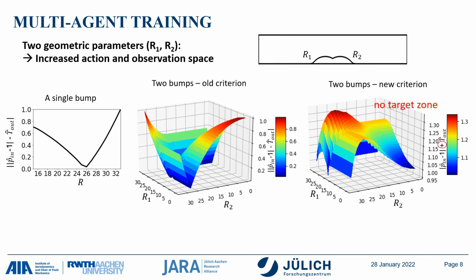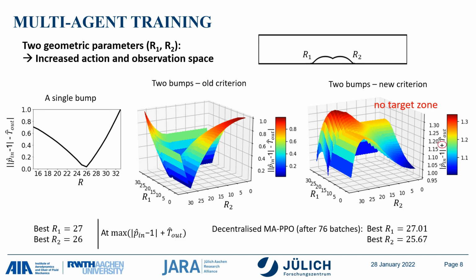Extending the same criterion to the multi-agent version results in a number of optimal values or combinations of radii. Hence, a new optimality condition was developed by maximizing the sum of the normalized pressure and temperature as depicted. This resulted in a single optimal radii combination. The decentralized MAPPO reached the best radii combination under an error of 1% after 76 batches.